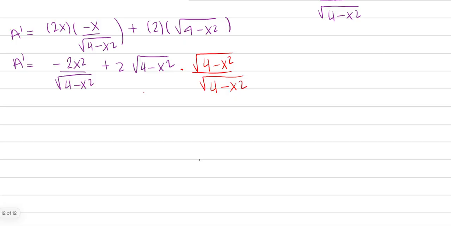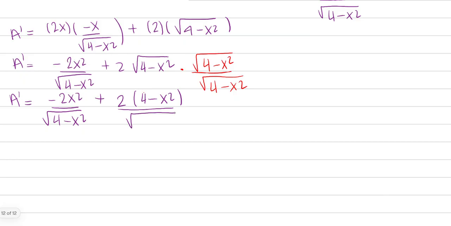So radical 4 minus x squared over radical 4 minus x squared. What am I going to get? I'm going to get my A prime to be equal to negative 2x squared over radical 4 minus x squared plus 2. My radical and radical are going to cancel, so it's going to be 2 times 4 minus x squared divided by radical 4 minus x squared.